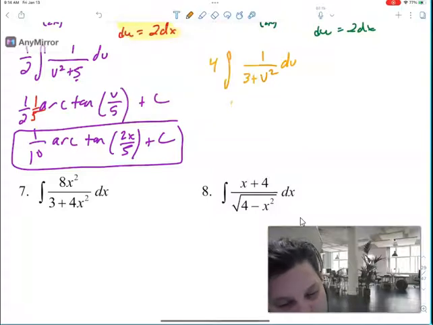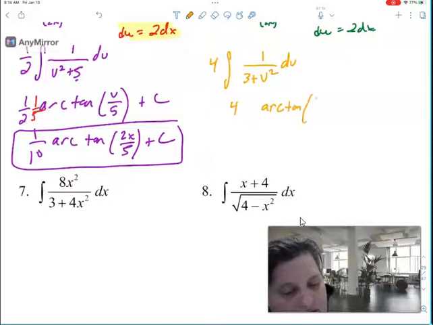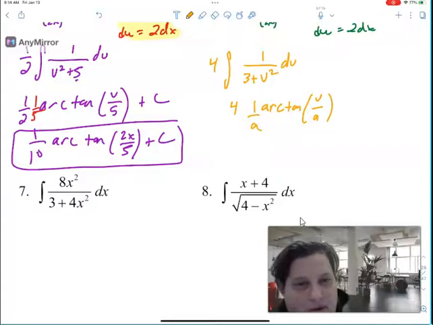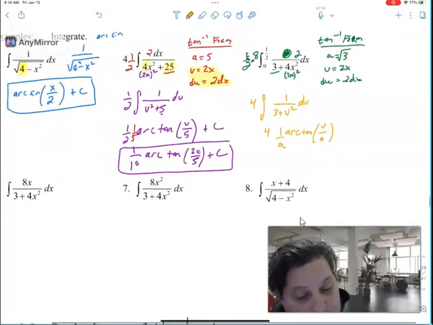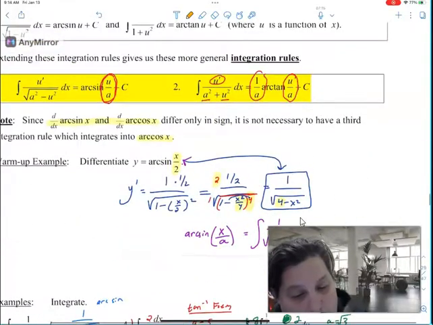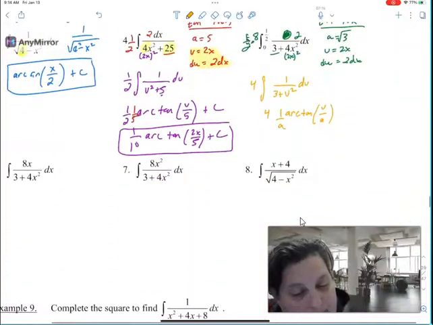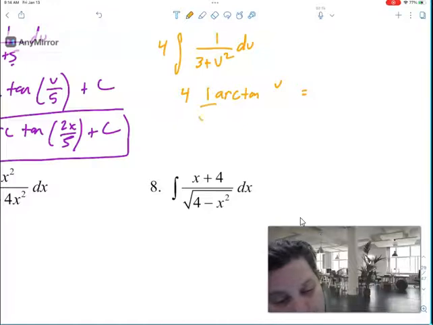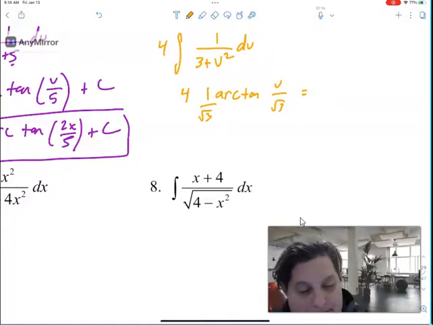Here's my 4, and then it's arctan of u over a, and 1 over a. You guys see that? So the 4 just hangs out there. It's arctan of u over a, and it's 1 over a. So that's from here. Okay? So the a is square root of 3. All right, so that's what I get.